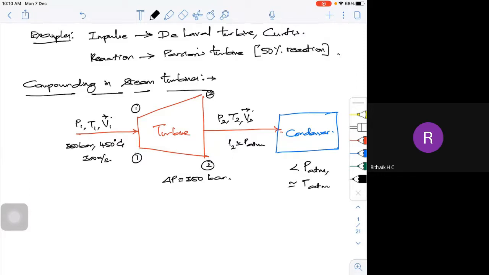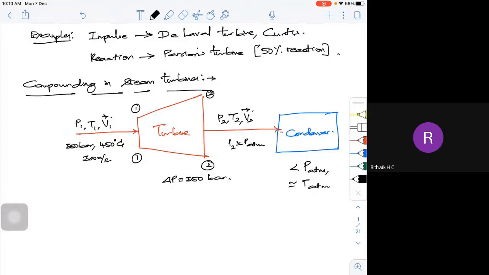If I try to build any kind of rotor or device which can accommodate such a very high pressure drop, the size will be very huge, that's one thing. And the second thing, they will be rotating at uncontrolled speeds.